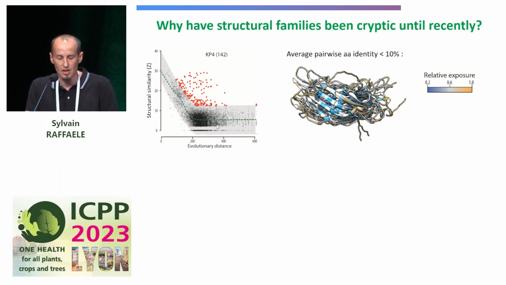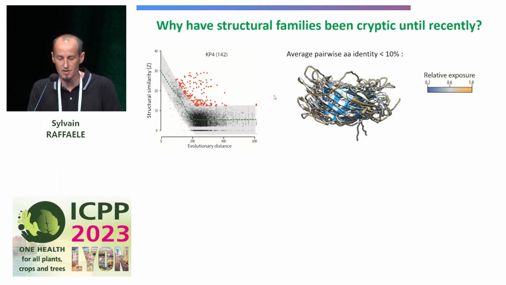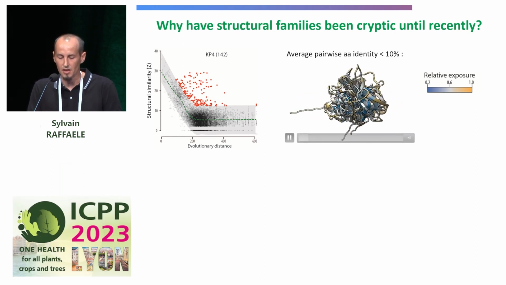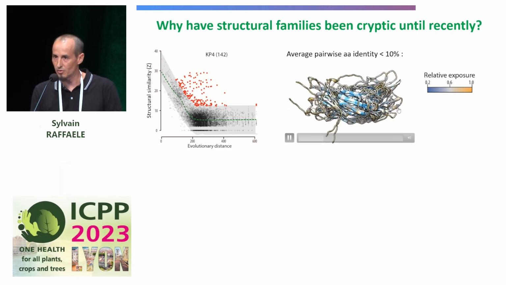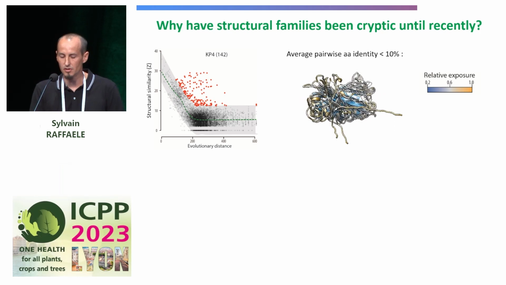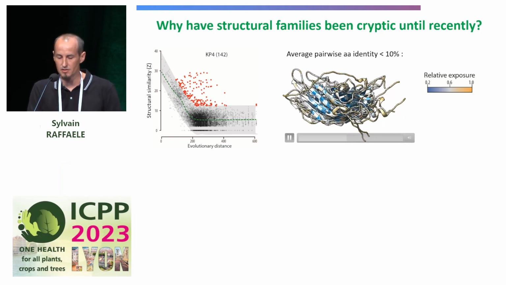If you plot here the sequence divergence relative to structural similarity, you see that there are some that diverged a lot in terms of sequence, but still look very similar. This is what you can see in this little movie here. The different proteins you have here have less than 10% pairwise identity, so there's very little identical to all of them, but still we can nicely recognize the same fold.